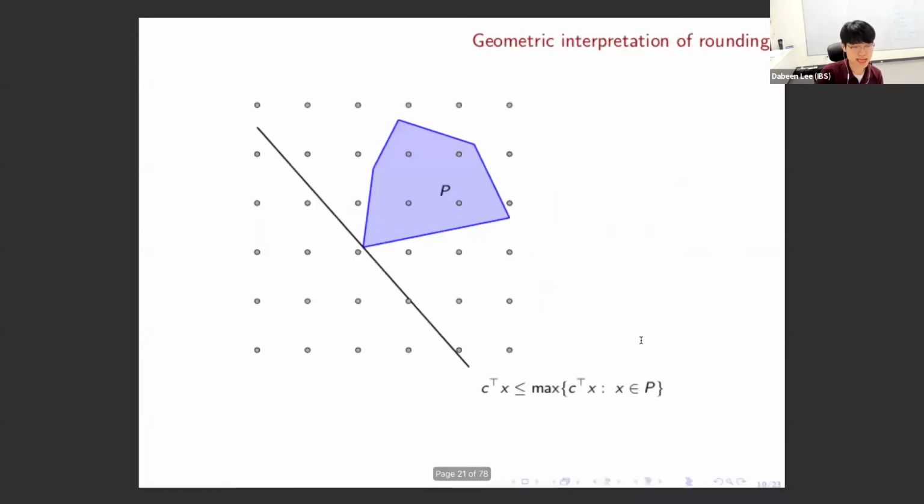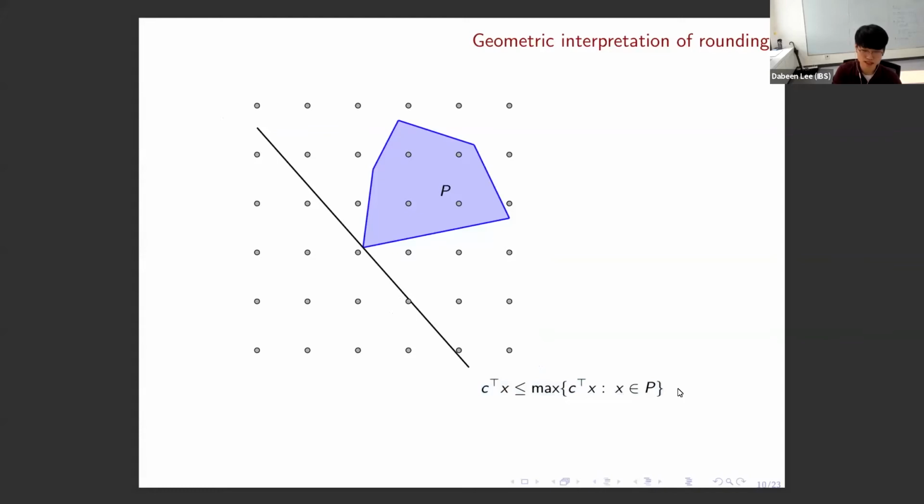To explain how we generalize CG closure and CG cuts, let me get back to the definition of CG cuts and explain the geometric interpretation behind it. We have a linear inequality here, and we round down the right-hand side to get a CG cut.